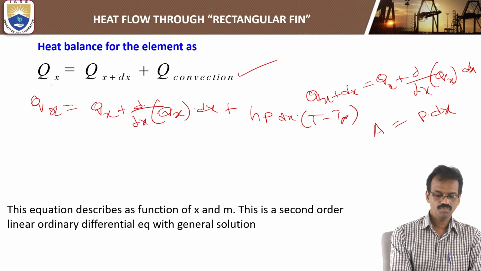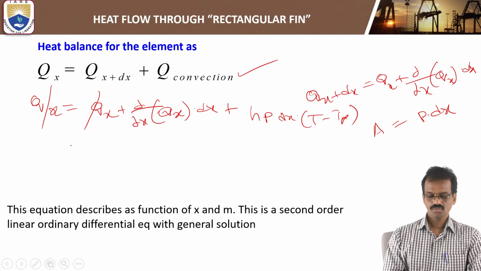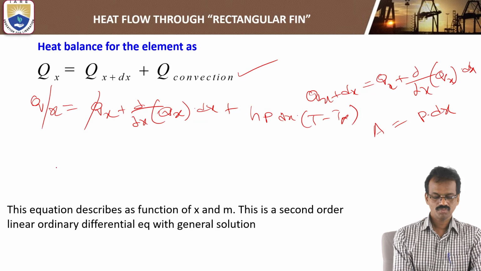Here Qx will be cancelled. You know the formula Qx is equal to minus kA dT by dx.